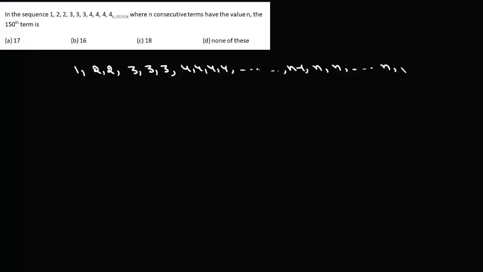Now here the question is, in the sequence 1, 2, 2, 3, 3, 3, 4, 4, 4, 4, where n consecutive terms have the value n, what is the 150th term? Suppose this is the series of n minus 1, it ends here, and then we have the series of n, and then we'll have the series of n plus 1.